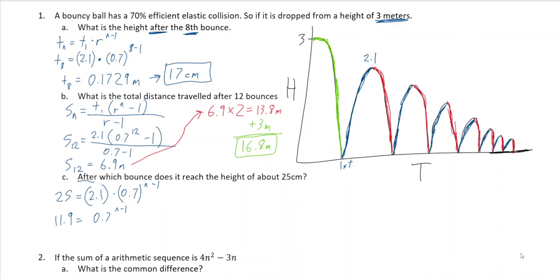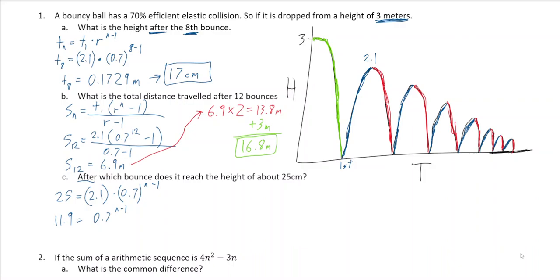Okay, now there's really no good way of doing this unless the numbers are easy. So if the numbers were something like 16 equals 2 to the n, you could solve for n because 16 is 2 to the 4, right? So if 16 is 2 to the 4, then n must equal 4, right? But that's not what's going on here. We don't have easy numbers.